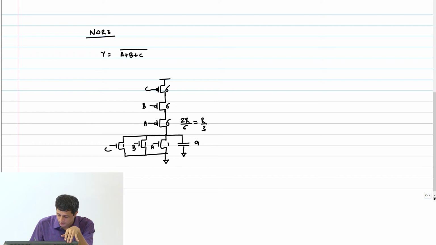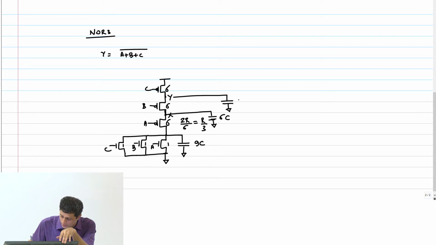So this is 9C. Now what kind of a node is this, node X, node Y? Shared uncontacted diffusion again. So therefore I can put a capacitance of how much? 6C here. Similarly Y, another 6C.